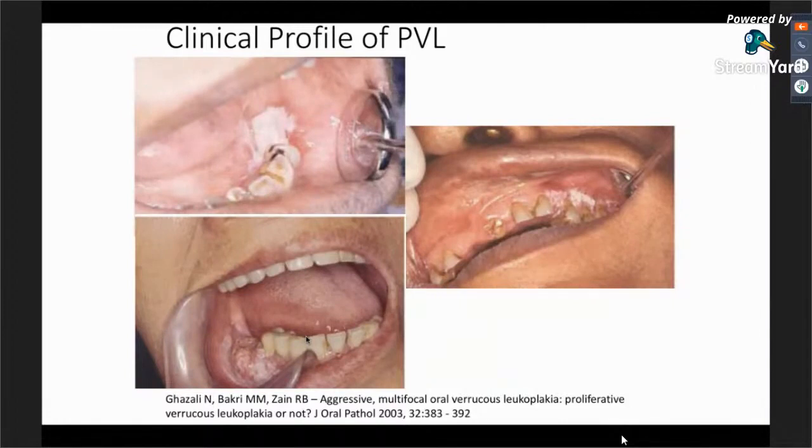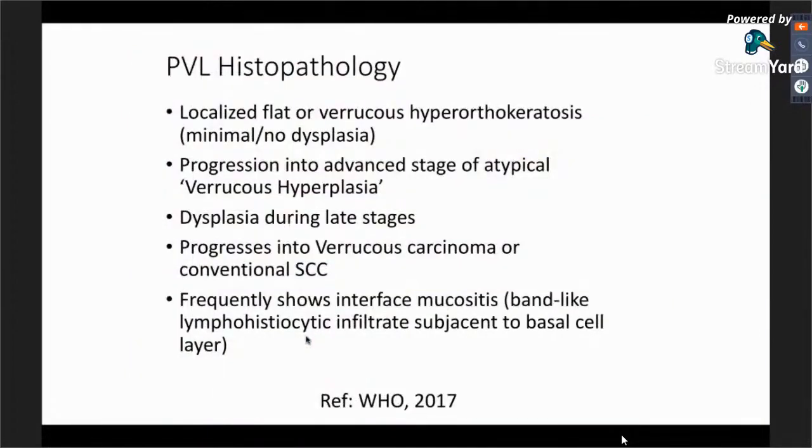So the histopathology in the WHO 2017 says localized flat or verrucous hyperorthokeratosis. So that would be the usual benign leukoplakia, local flat if there is minimal dysplasia, or the usual oral epithelial dysplasia if it is localized flat.